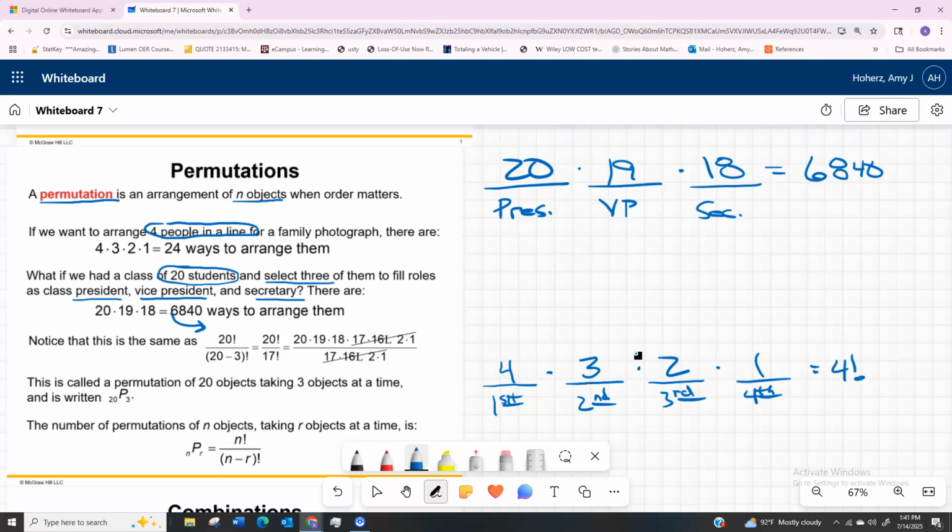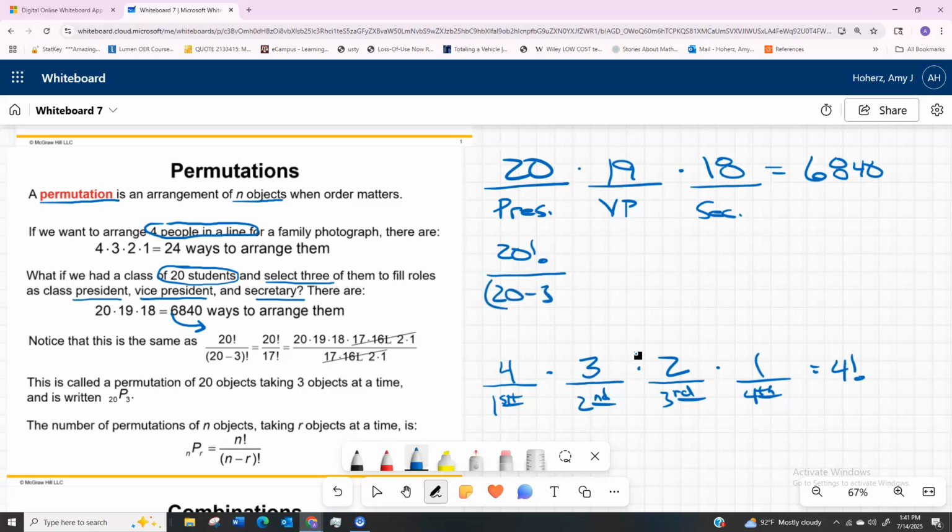That calculation, that 20 times 19 times 18, you could write as 20 factorial over 20 minus 3 factorial, because there's 3 spots.